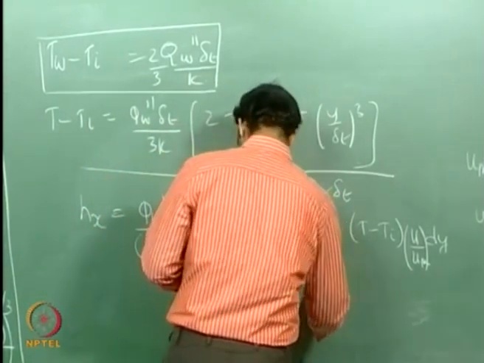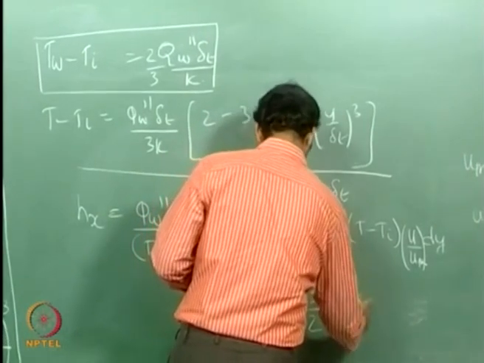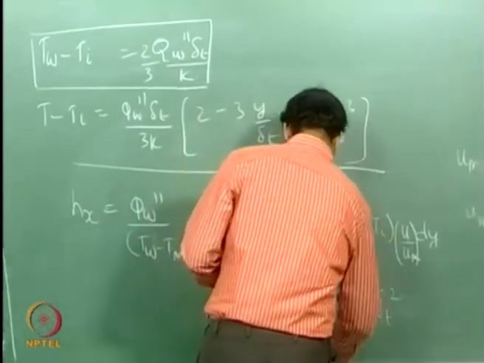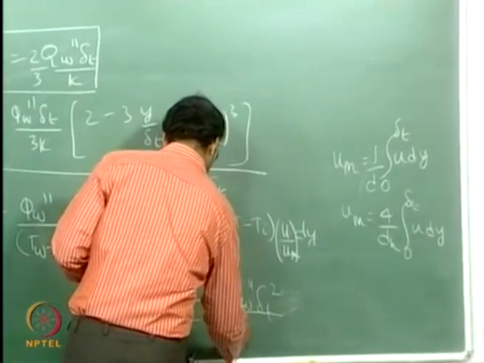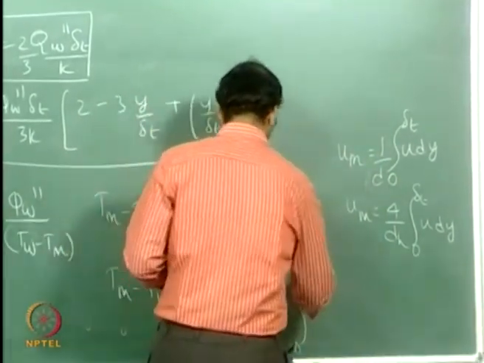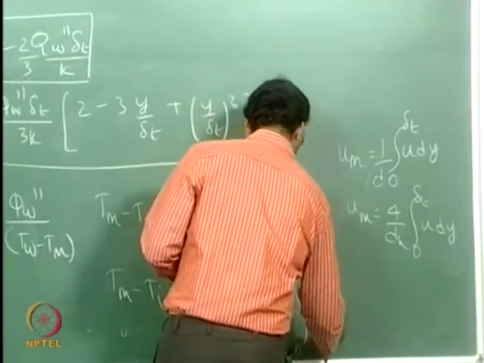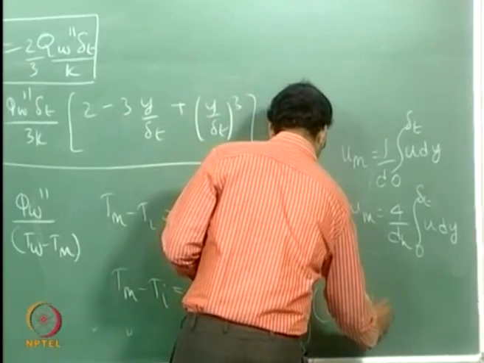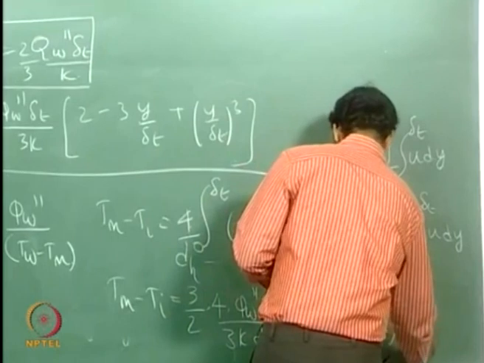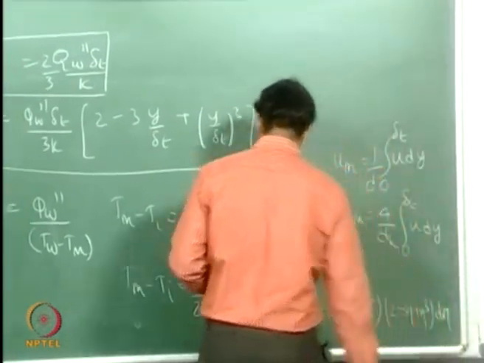So this will be 3 by 2 into 4 into q wall delta T square by 3k into dh, and within the integral 0 to 1 the velocity profile was 2 eta zeta minus eta square zeta square, into the temperature profile, which was 2 minus 3 eta plus eta cube, into d eta.